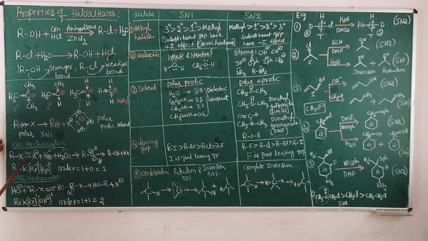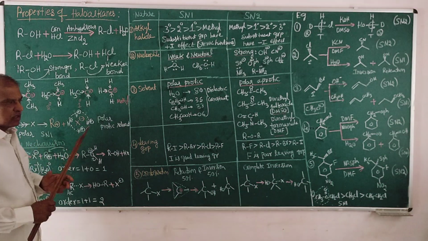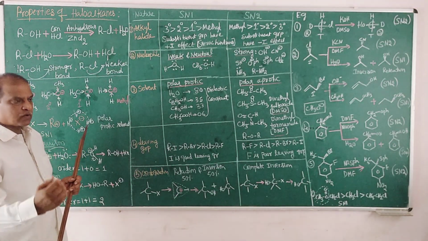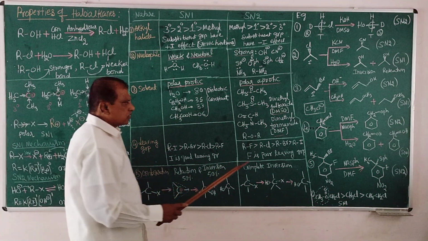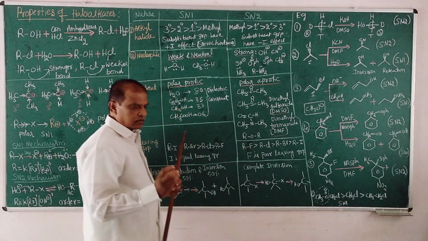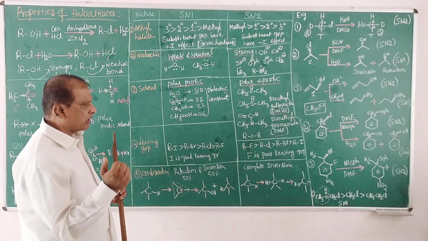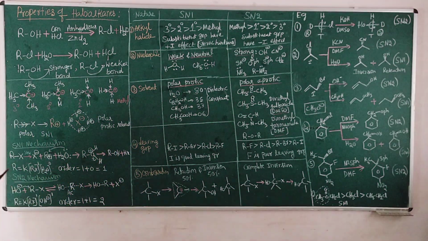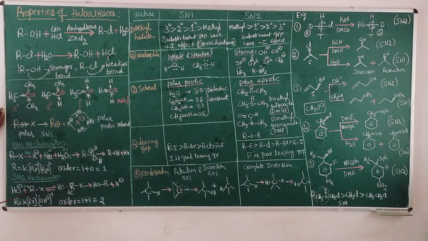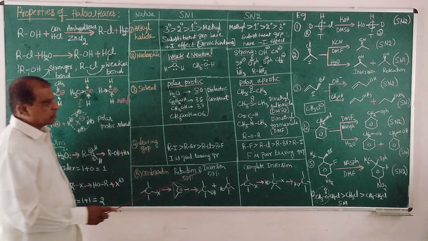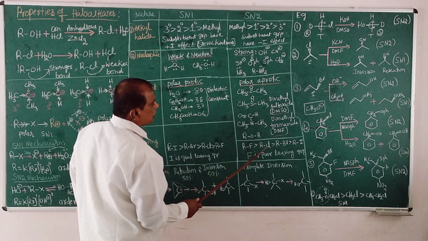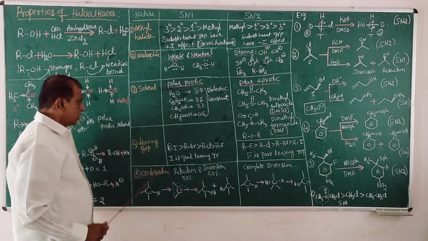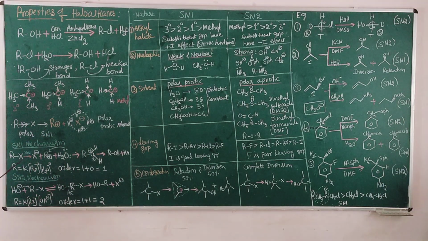They are very good leaving groups, bigger in size, the bond breaks easily and they can go away. Whereas Cl and F are small in size, more electronegative, the bond is strong and cannot break away easily, requiring a strong nucleophile to break the chemical bond. That is why F and Cl usually favor the SN2 mechanism. That depends on the nature of the halide.